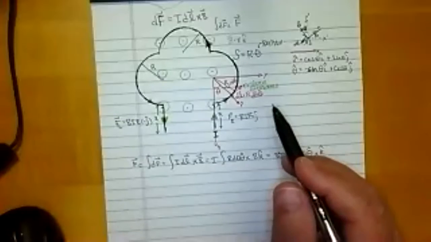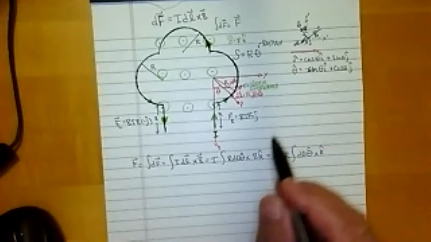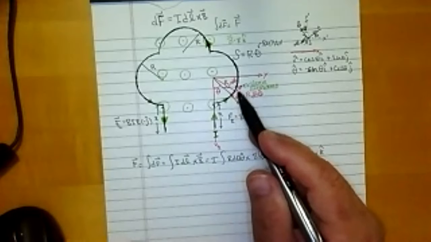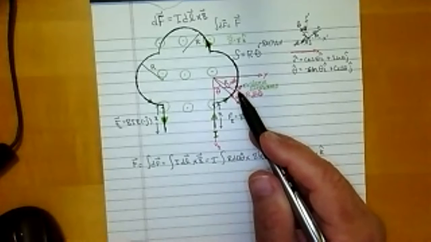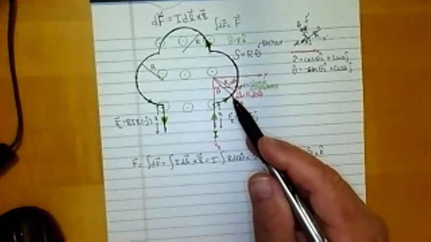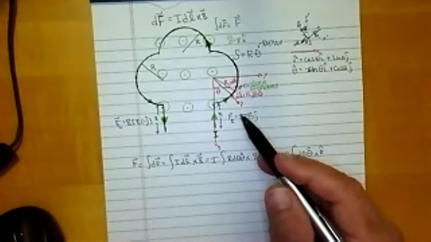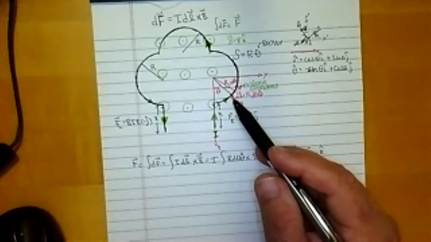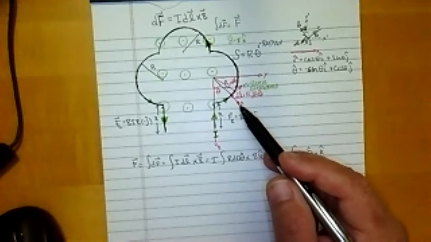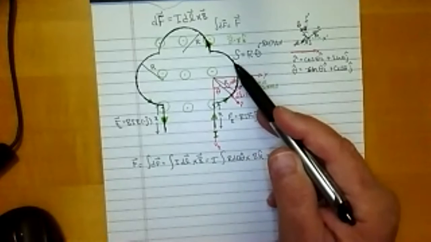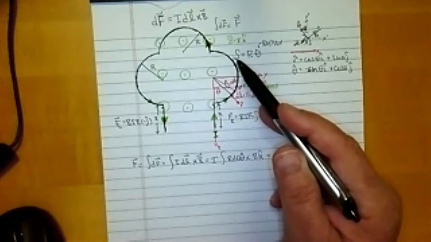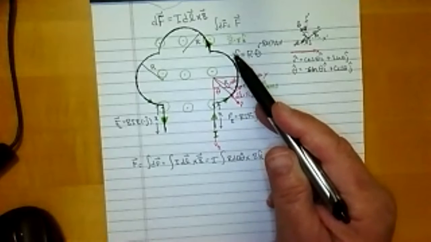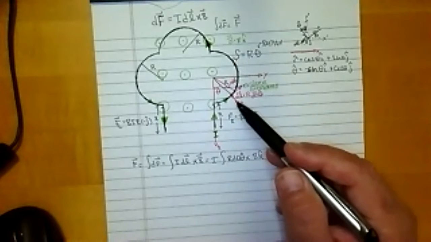and that'll give me the formula for the actual force on this thing. As you might suspect, if you look at I dl cross B, I is going here as well as dl is. If I cross that with B, I do get something pointing out in this general direction. And as you notice, this general direction includes an x component and a y component. When you get over here, that general direction includes a y component and an x component as well, but the x component is actually the negative of what it was over here.